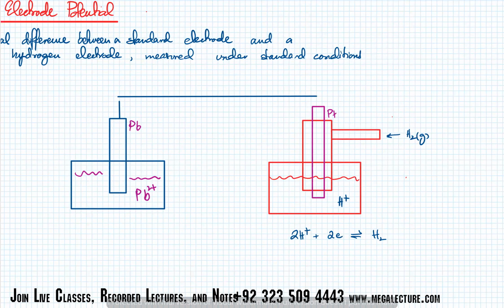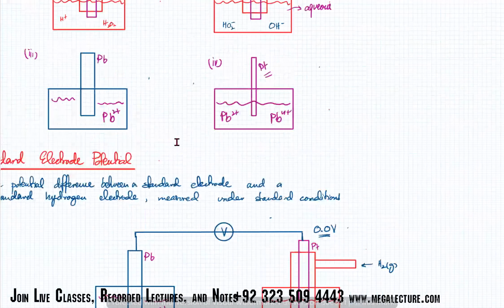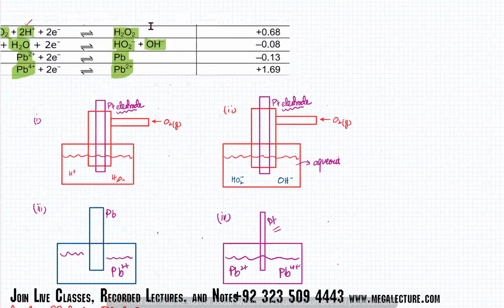And there's going to be a voltmeter between them. Okay, so this is your reference electrode. So basically not measuring the potential of the hydrogen electrode, that's always considered to be 0 volts. Whatever potential appears on this, which we've already calculated, it's already given for the lead over here.